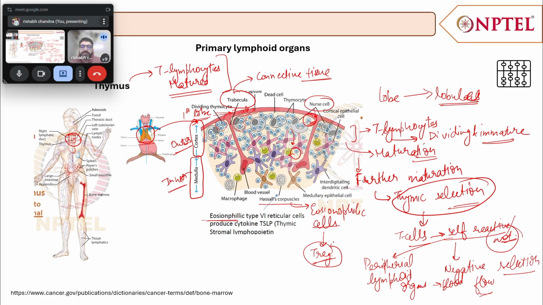Treg cells help in regulating the function of different T and B cells. So this was the function of the thymus. Any doubts in this particular lymphoid organ?